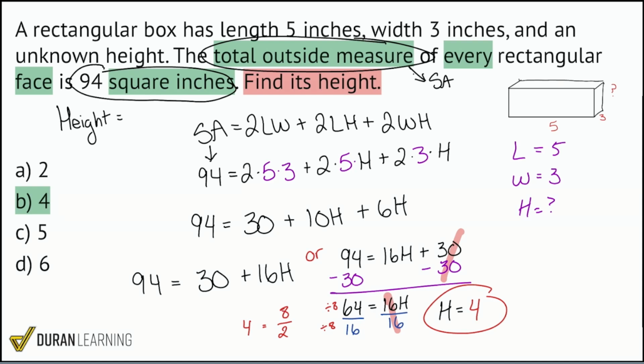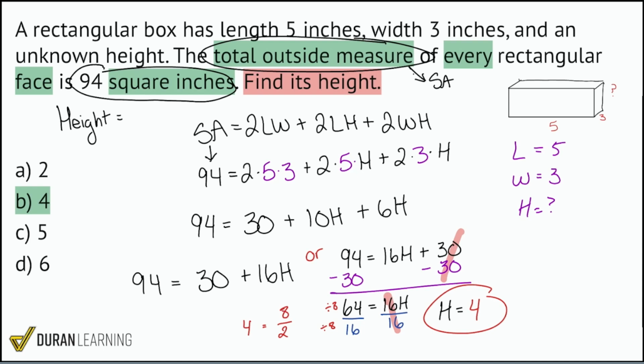We know that it's surface area because we're talking about the total outside measure of every face: the front, the top, the right side, the left side, the bottom, and the back. If we add up every face's area, we end up getting 94 square inches. So that's how we know that's surface area.